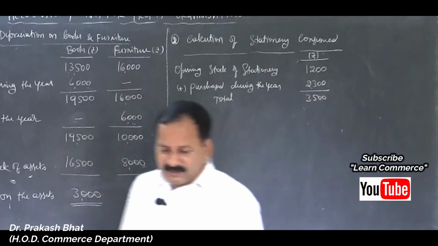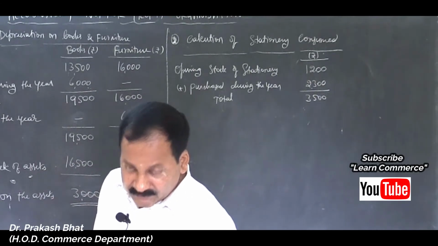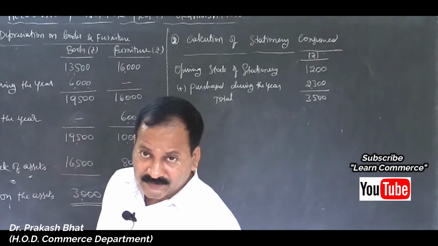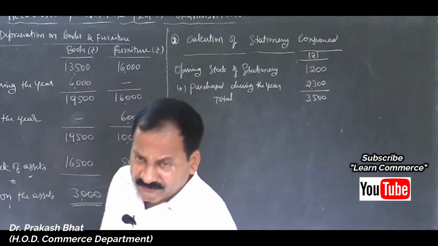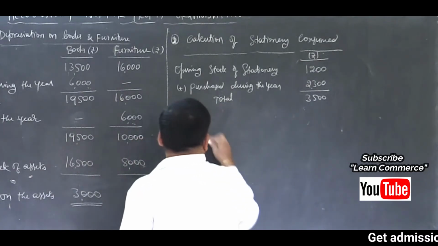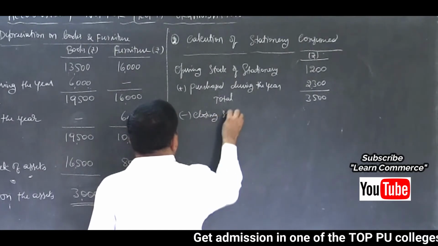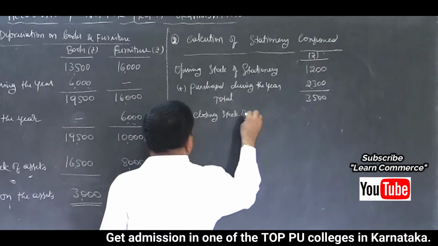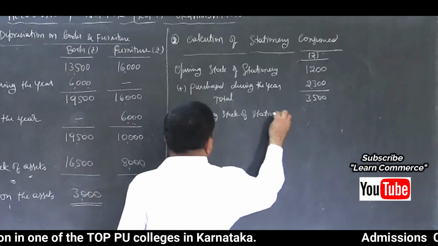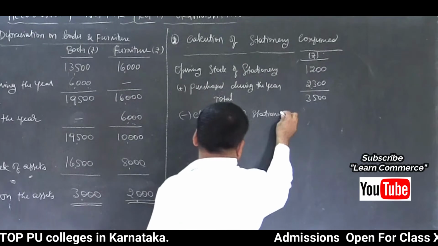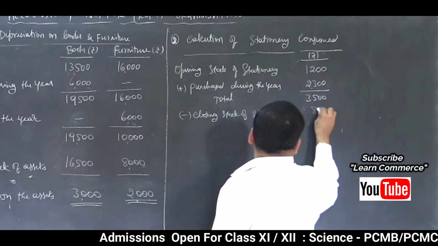Then is anything sold? No, stationery is not sold. We cannot sell, isn't it? Because we are not-for-profit organizations and we are not trading concerns. Then closing stationery is given. Less closing stock of stationery, that is 800.